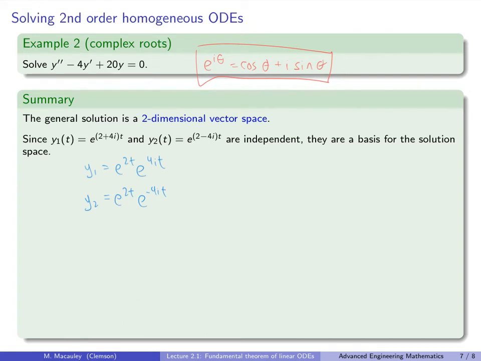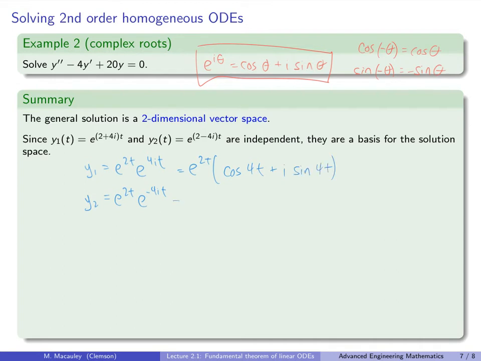One other quick thing. Another useful fact is that cosine of negative theta equals cosine of theta, and sine of negative theta equals negative sine of theta. So this first one here, I'm going to write as e to the 2t times, now theta is 4t, so cosine of 4t plus i sine of 4t.